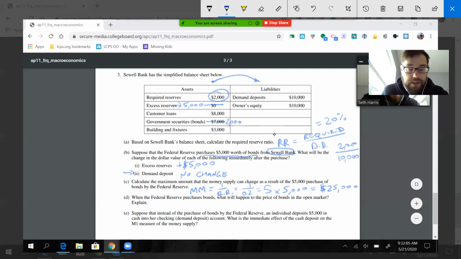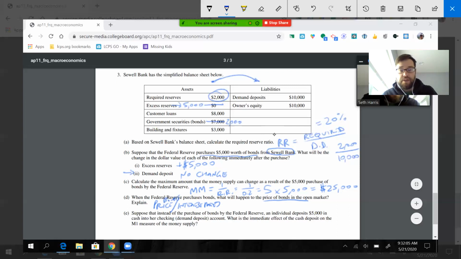All right, let's go to part D. When the Federal Reserve purchases bonds, what will happen to the price of bonds in the open market? All right, so remember, price of bonds and interest rates are inverse, right?